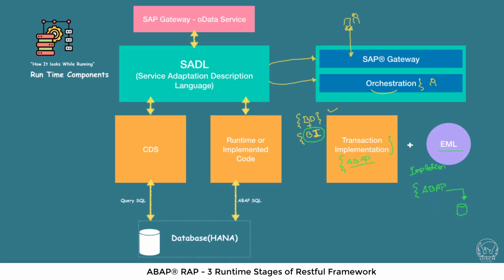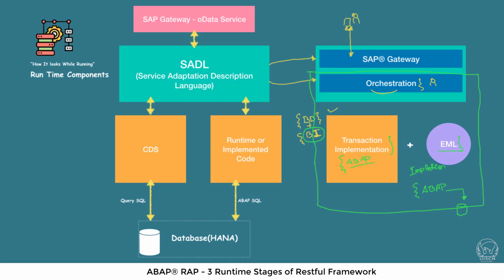The EML syntaxes are part of ABAP by which you can perform modification, read, or saving of some data in the database. So that is the EML here. Together, the orchestration framework, EML, and the transaction implementation of the behavior implementation are the central component when it comes to the runtime, which goes inside your HANA systems.